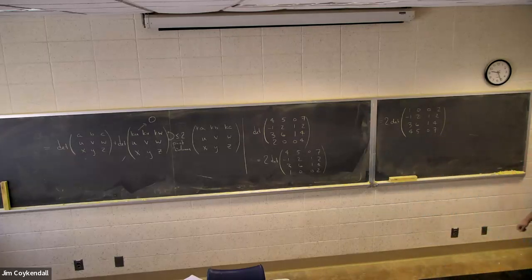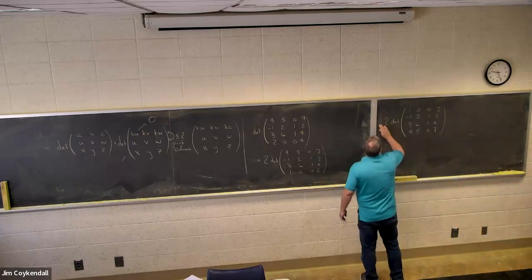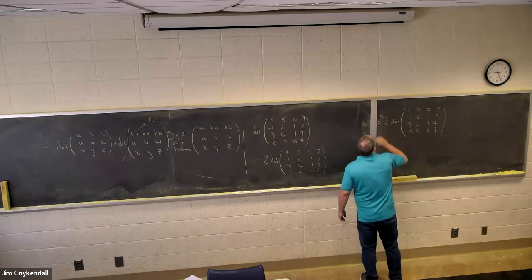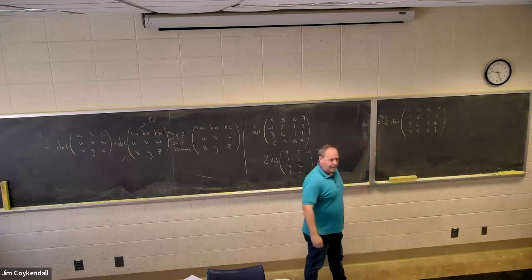But I have to change the sign though, because didn't I swap 2 rows? So this is -2.